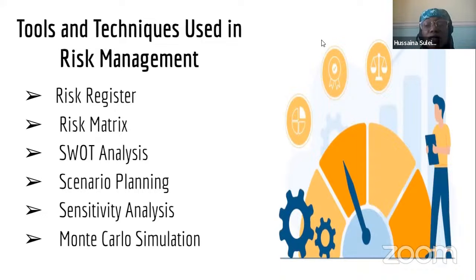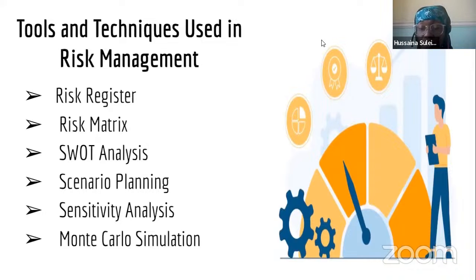It usually contains the risk, the description of the risk, as you describe what that risk is, and the likelihood for that risk to occur. It can also include the impact that risk can have on your project or business.